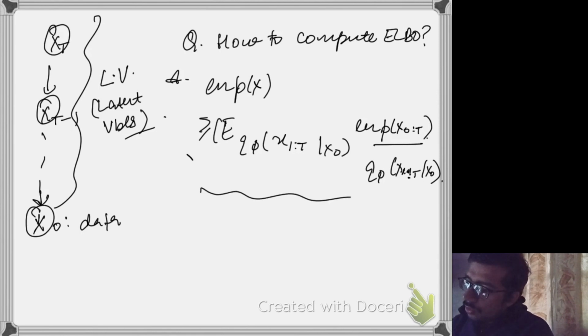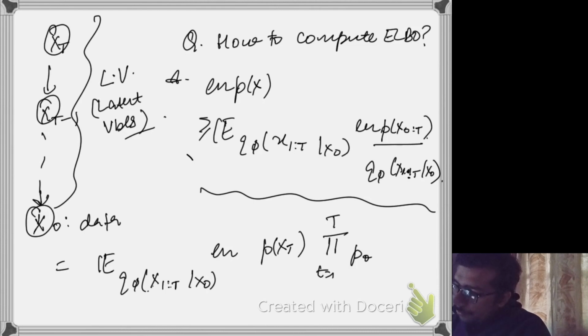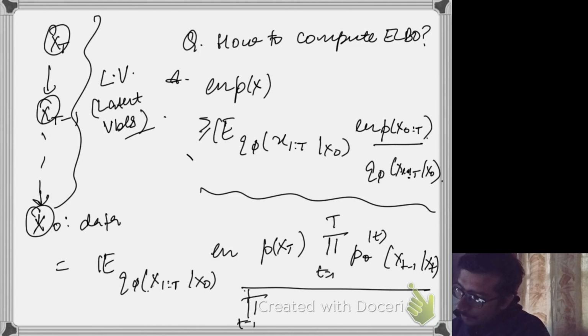Okay, so now let's expand. How does this look? This is the expectation over q_phi(x_{1:T} | x_0) of log of p(x_T) times the product from t=1 to T of p_theta(x_{t-1} | x_t) over the product from t=1 to T of q_phi(x_t | x_{t-1}).